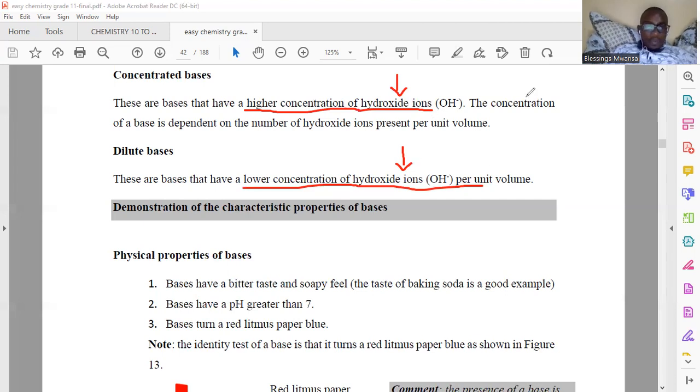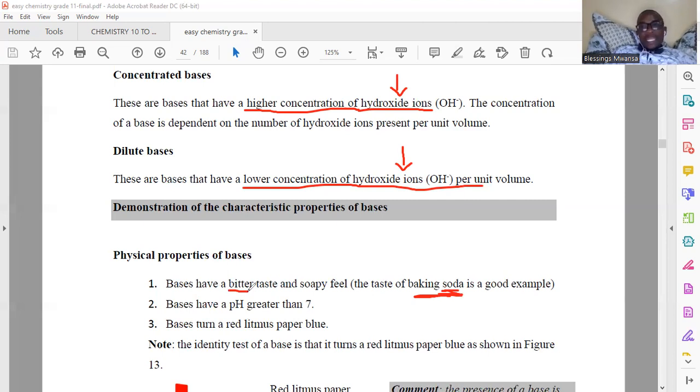What are the physical properties of a base? How do we physically identify a base? If we test baking soda, go to the kitchen and have a taste of baking soda, just a bit, you will get a bitter taste on the tongue.